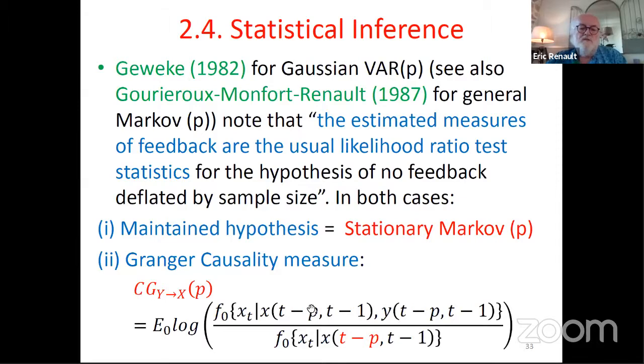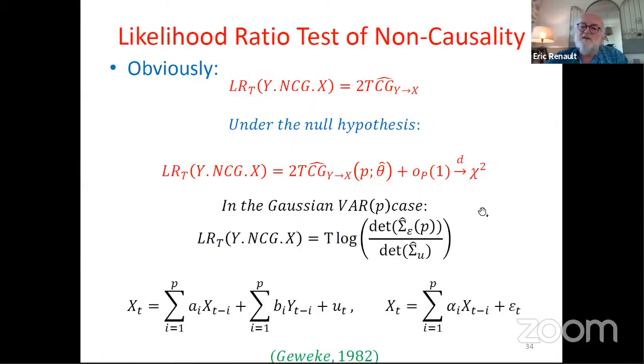And we just replace it by sample counterpart, and we replace Kullback causality measure by sample counterpart. You have basically, up to some non-significant differences, a likelihood ratio test. So it's a likelihood ratio test for causality that you base on the Granger causality measure. But as I said, this Granger causality measure is misleading.